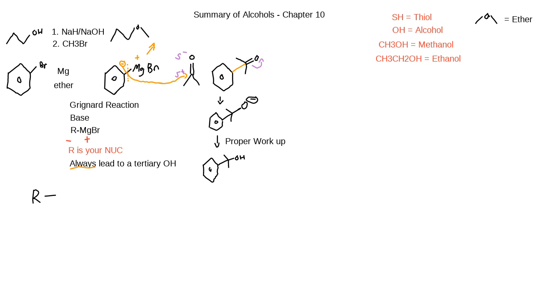Okay, MgBr. Okay, we cleave off the MgBr, and then our R will attach to a carbonyl. Okay, but instead of a ketone, I am going to use an acid chloride. Okay, an acid chloride is, you have a methyl, a carbonyl, and a chlorine.